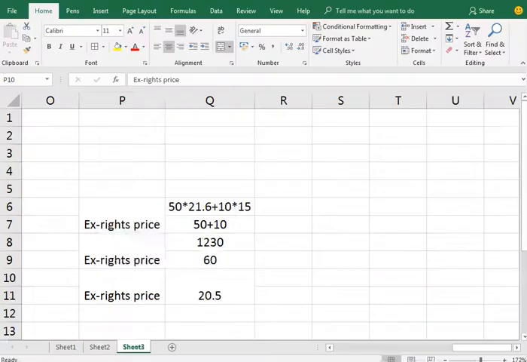So 50 into 21.6 plus 10 into 15, divided by 50 plus 10. So the ex-rights price is 20.5.